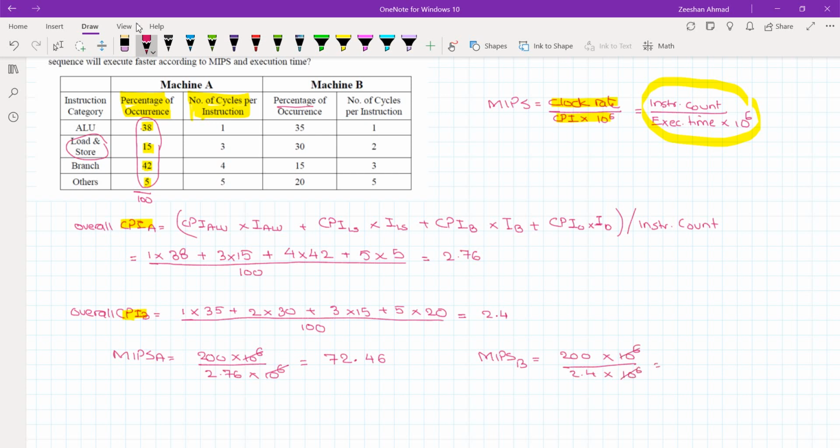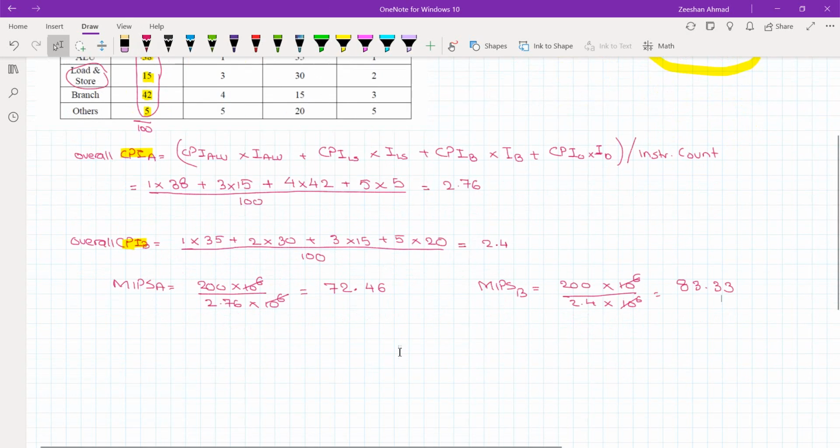This cancels out, so 200 divided by 2.4 is equal to 83.33, if I'm not wrong. Let's cross check the calculation. When we calculated the million instructions per second, we found that the MIPS for A is 72 and the MIPS for B is 83 point something.